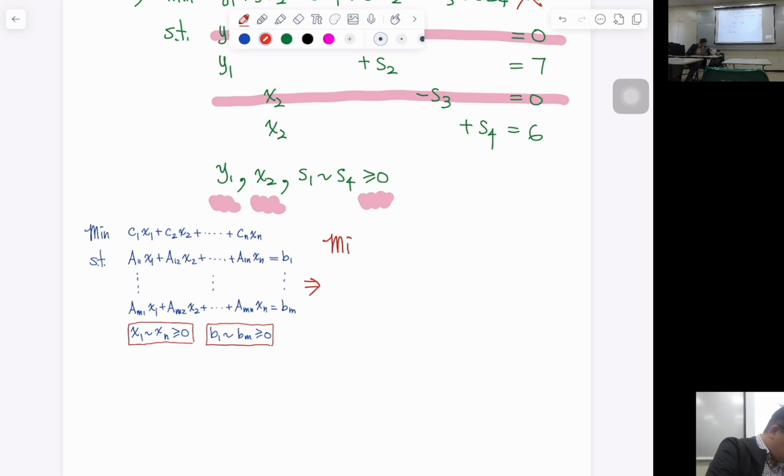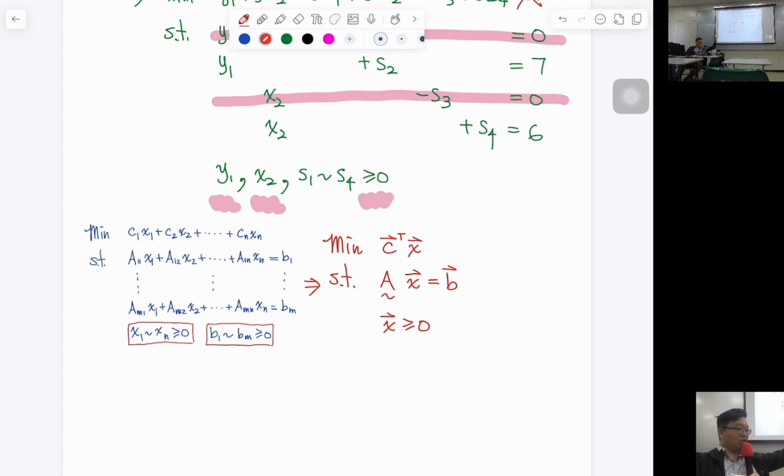So minimize vector C transpose vector X subject to A matrix multiplying a vector X equals to a B vector and all the X positive. We can actually rewrite everything in this way.